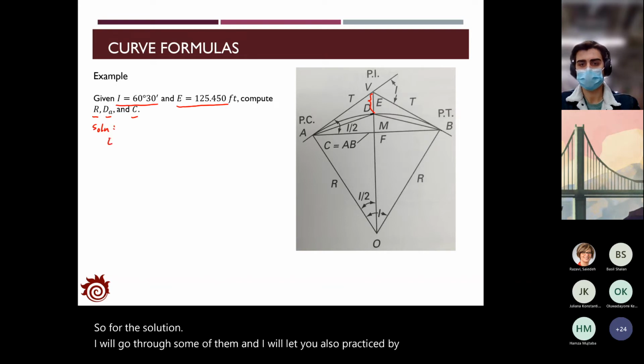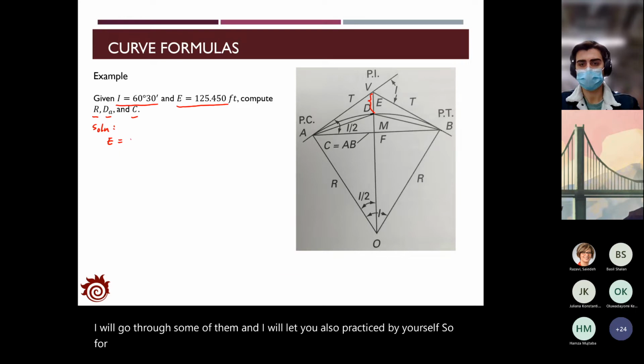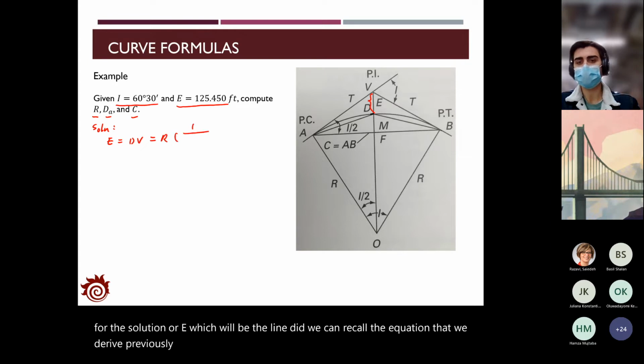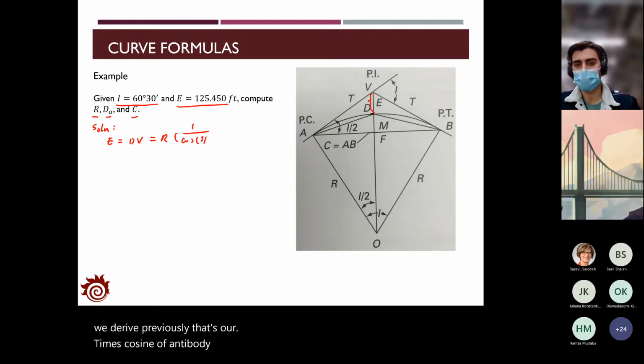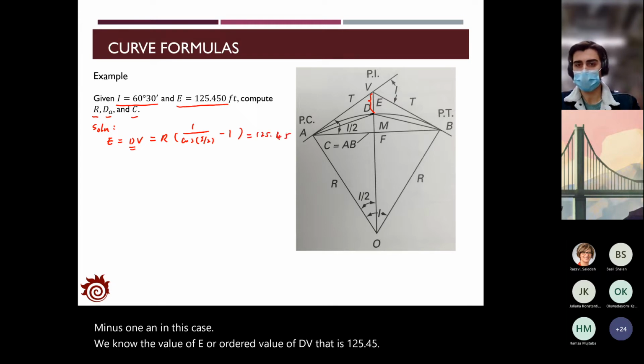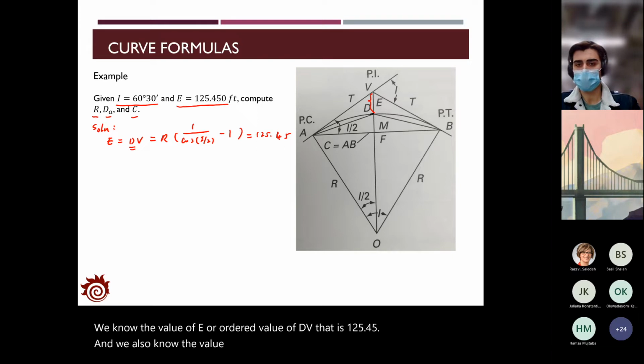So for the solution, E, which will be the line D to V, we can recall the equation that we derived previously. That's R times 1 divided by cosine half I minus 1. And in this case, we know the value of E, also the value of DV, that is 125.45. And we also know the value of I, that is 60 degrees 30 minutes.